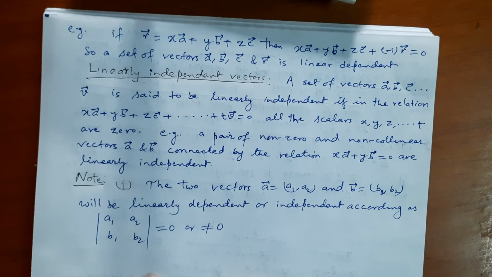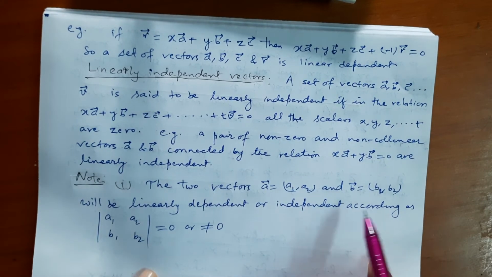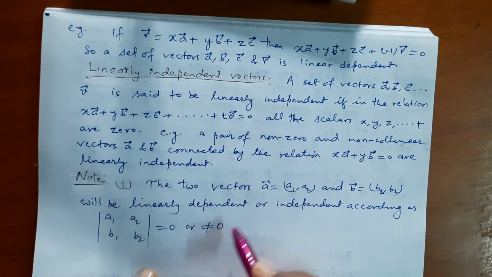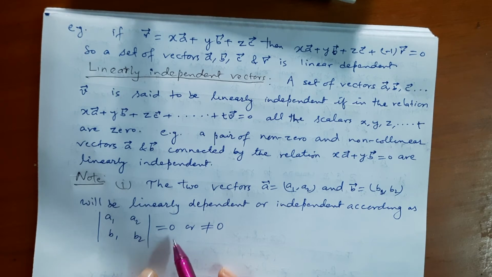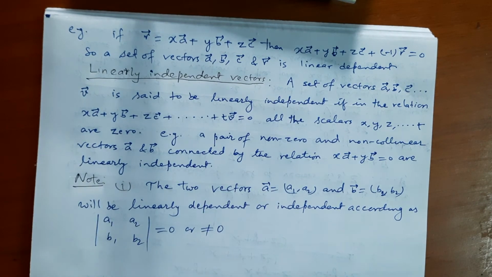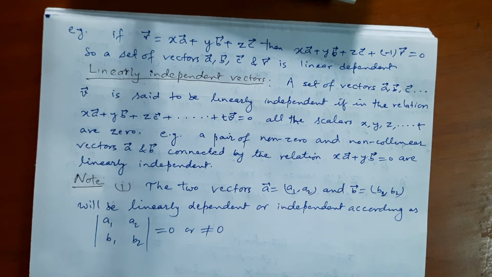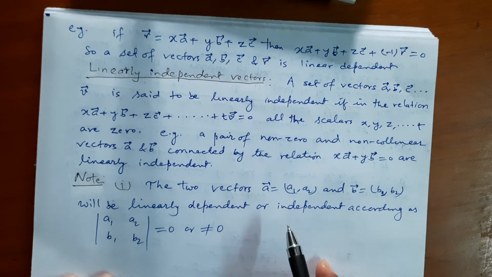Okay, so here these vectors will be linearly dependent if the determinant equals 0 and linearly independent if the determinant is not equal to 0.